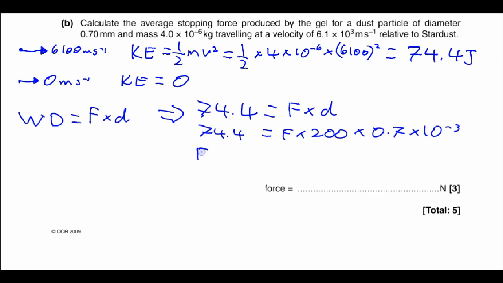Rearranging for force gives us 74.4 divided by 200 times 0.7 times 10 to the minus 3, which gives the same 530 newtons.